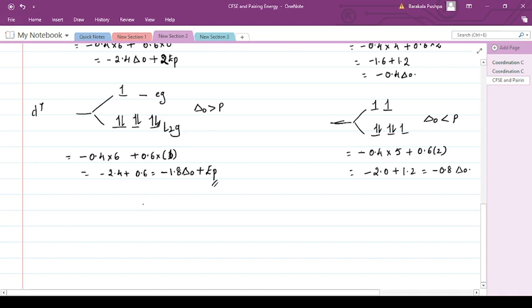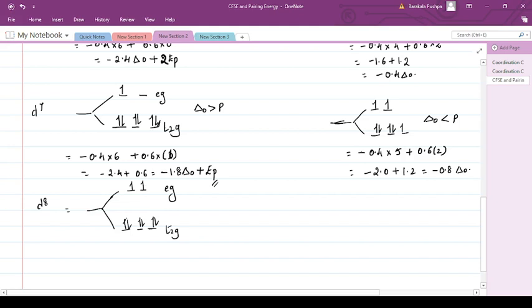Now let us consider the complexes of d8. What happens in the concept of d8? We also have t2g level and eg level. Now all the electrons should be paired up here. Though it is paired up, there are sufficient electrons in the system.